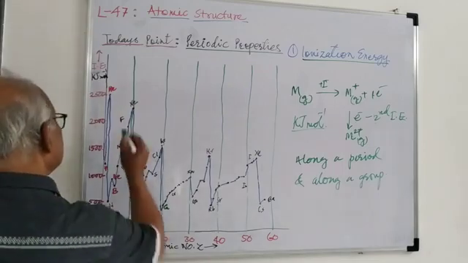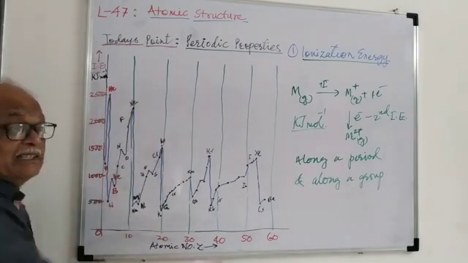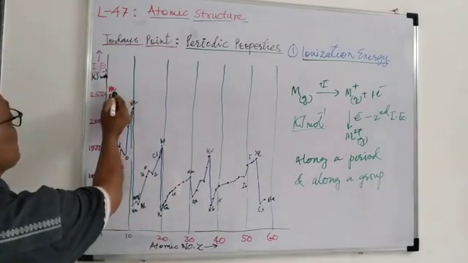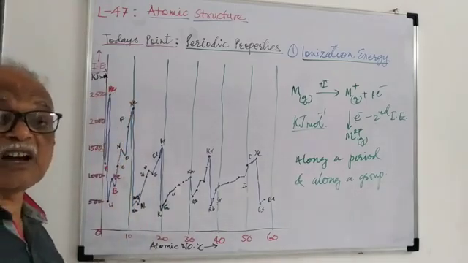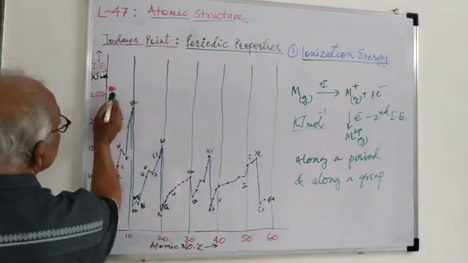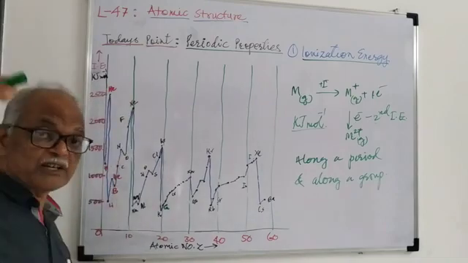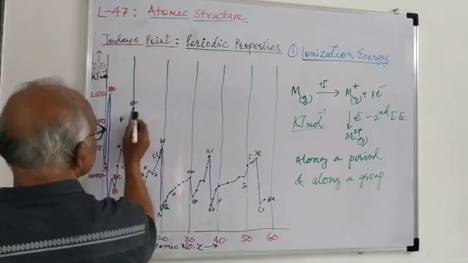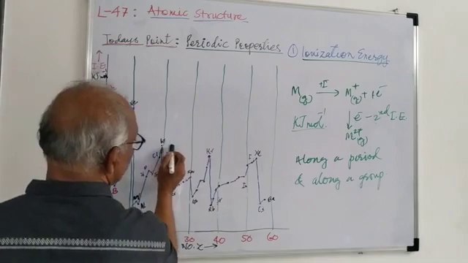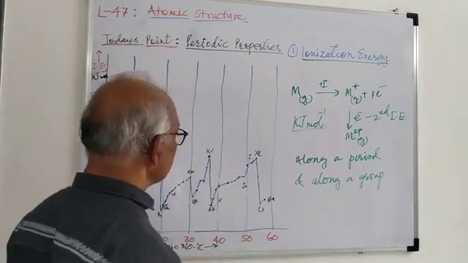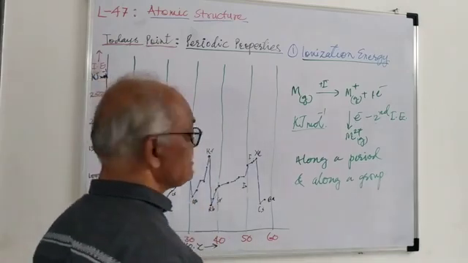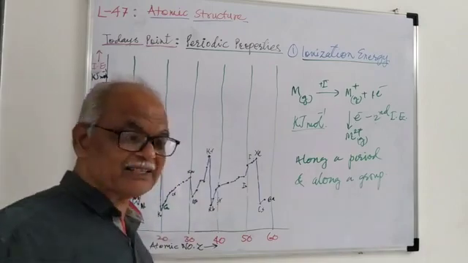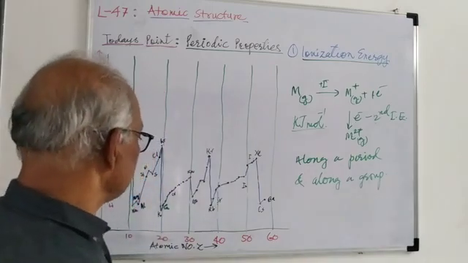So here you will find that when you take the inert gases, helium is at the top in ionization energy. As you move from helium to neon, the ionization energy decreases. Again if you go to argon, krypton, xenon, there you will find that there is a gradual decrease in ionization energy.